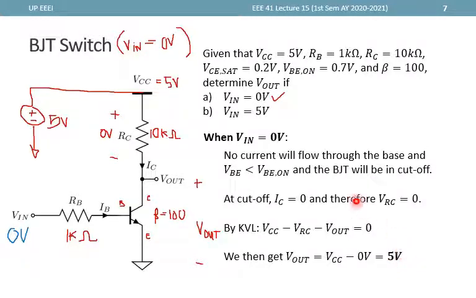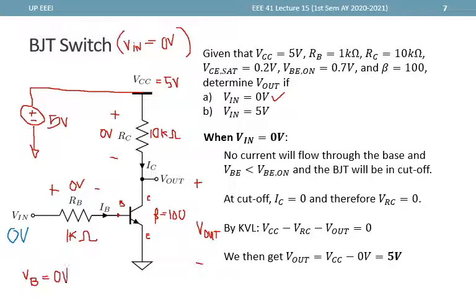Now, since we assume that this one is in the cutoff, how can we verify that it is in the cutoff region? So since this one is also open here, then there is no voltage drop in this RB right here. Then we can actually say that VB is equal to 0.